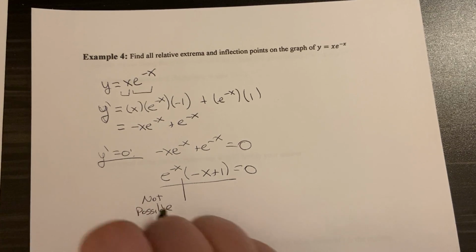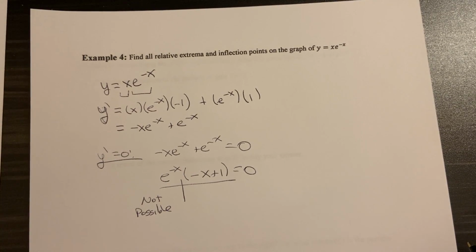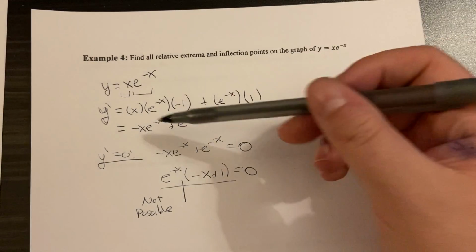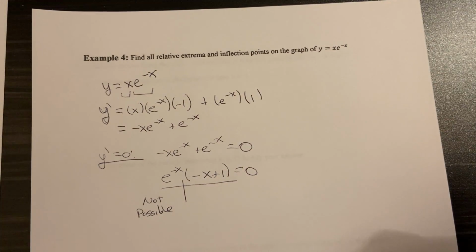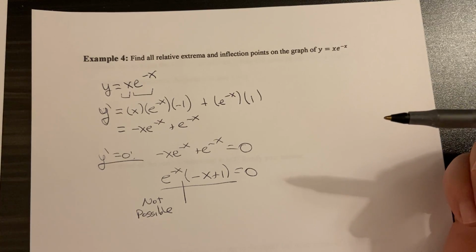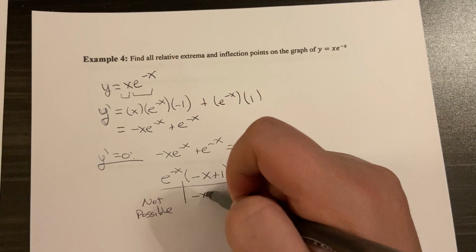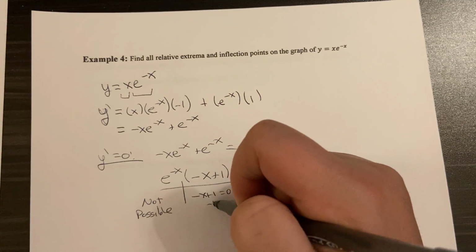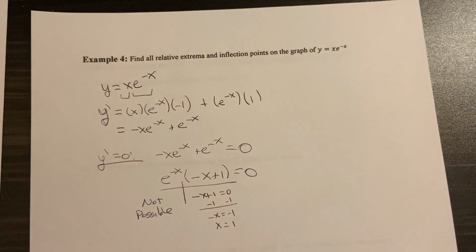And if you don't believe me, try it in your calculator or graph it and you'll see what I'm talking about. But this is like a polynomial too, right? So this is not going to ever be undefined. Okay, so then negative x plus 1 equaling 0, I subtract 1, negative x equals negative 1, which really just means x equals 1.